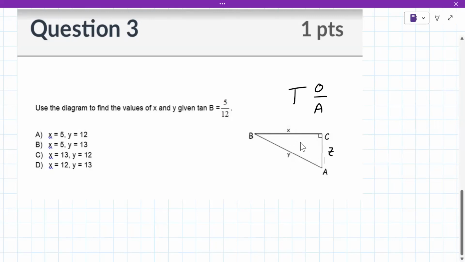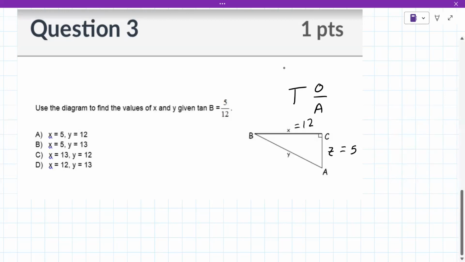Which of the X, Y, and Z's do you know from 5 over 12? 5 is going to be Z, and 12 is going to be X.